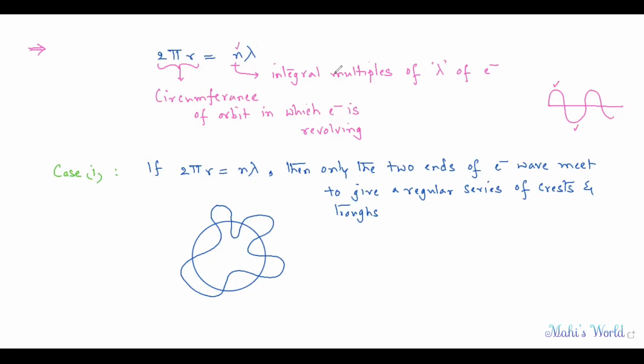You get a regular series of crests and troughs. This is when the wave is said to be in phase.